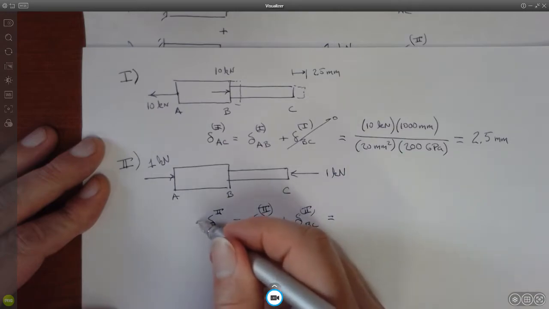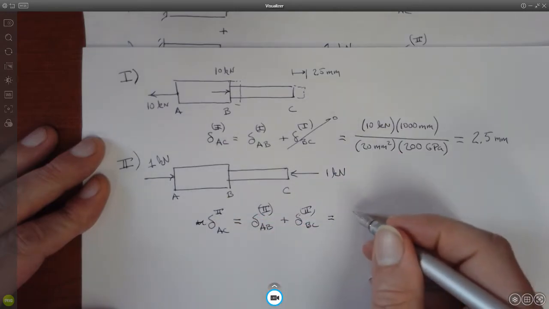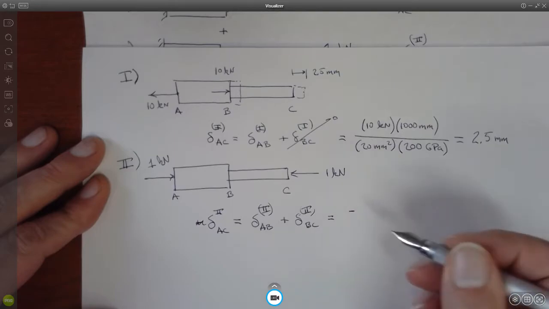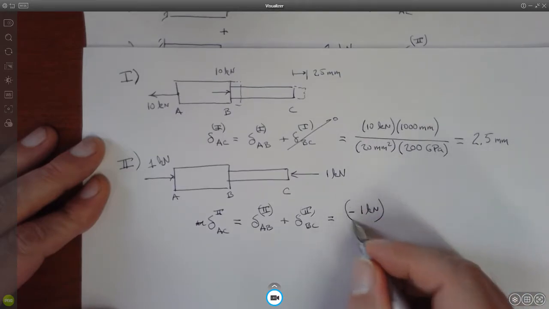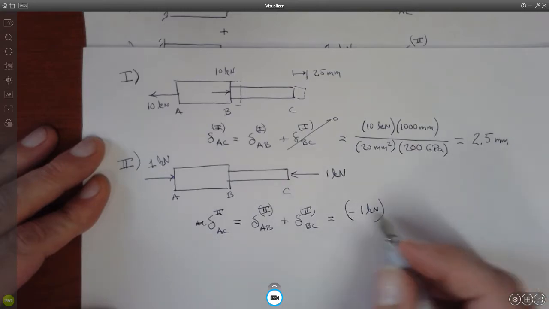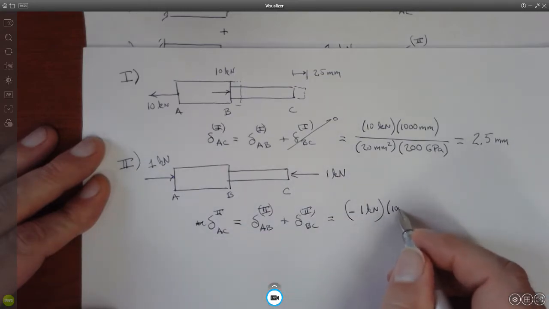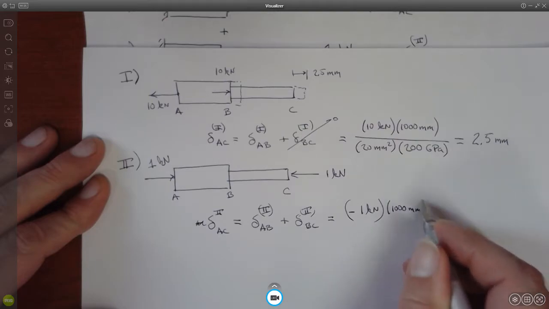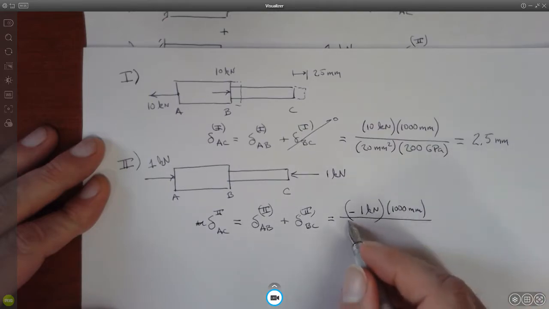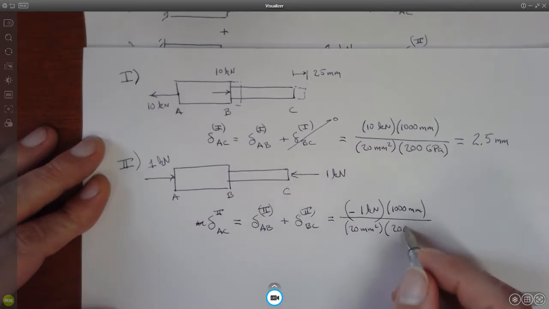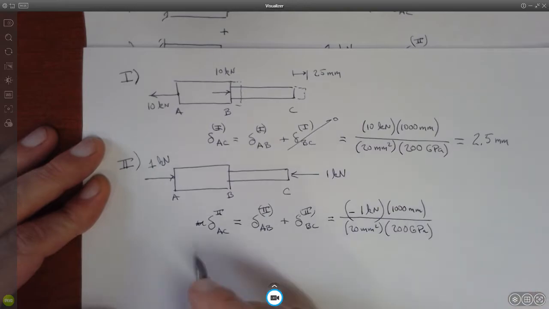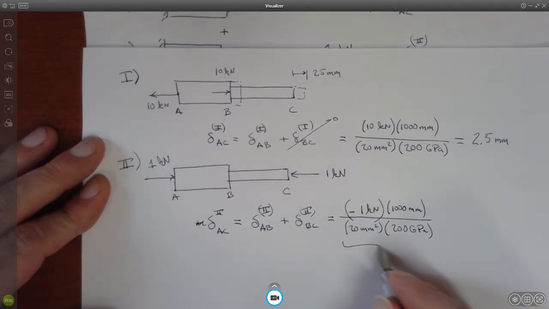So we're going to have negative 1 kilonewton, length of 1,000 millimeters, cross-sectional area of 20 millimeters squared, 200 gigapascals is Young's modulus. Okay, that's the elongation in the second load case from point A to point B.